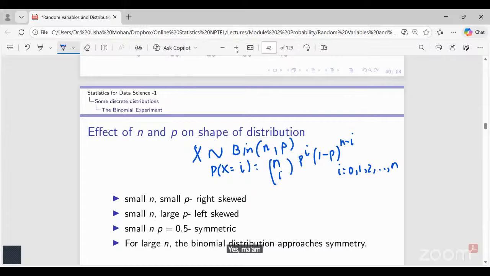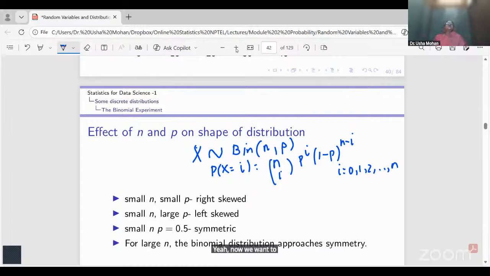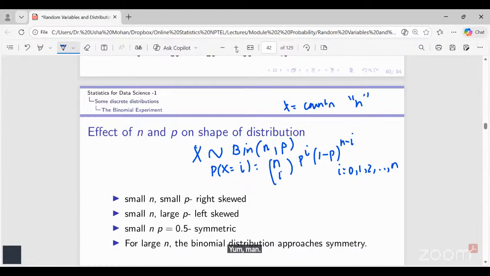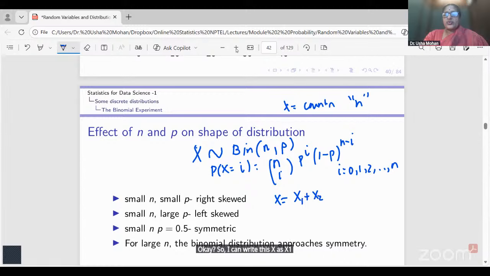Now we want to know what is the expectation of this random variable. Remember, this x is counting the number of successes in n trials. Is that right? So I can write this x as x1 plus x2 plus up to xn, where each xi is an independent Bernoulli trial with probability of success p and probability of failure 1 minus p.